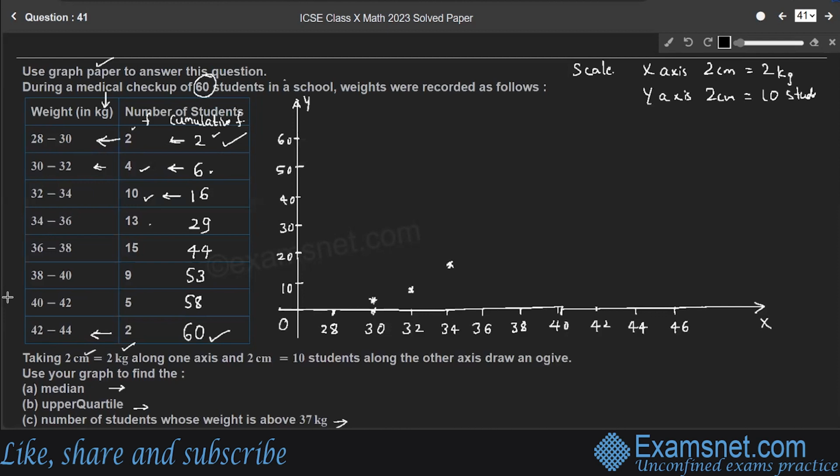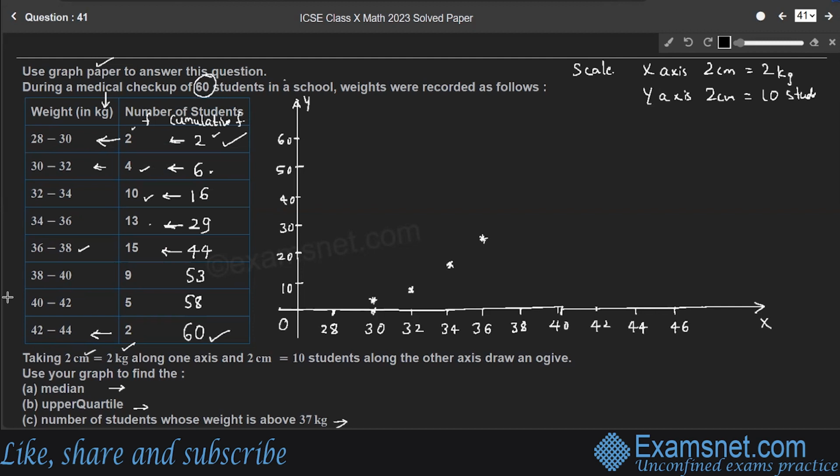Then 29. So 29 students below 36, right? So 29 students who weigh below 36. The meaning is the same. Why we are taking the upper limit is that their weight will be below that particular upper limit, right?